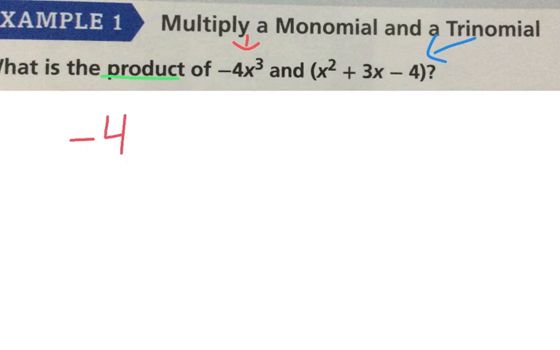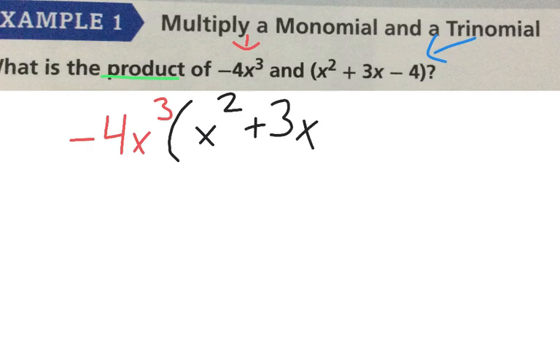So I've got negative 4x cubed. And if I want to show that I'm multiplying this by something else, the way we do that is we write that monomial right beside something that's in parentheses. So that would be x squared plus 3x minus 4. And because the monomial is right beside a trinomial in parentheses, that lets me know I'm multiplying it by the entire trinomial.